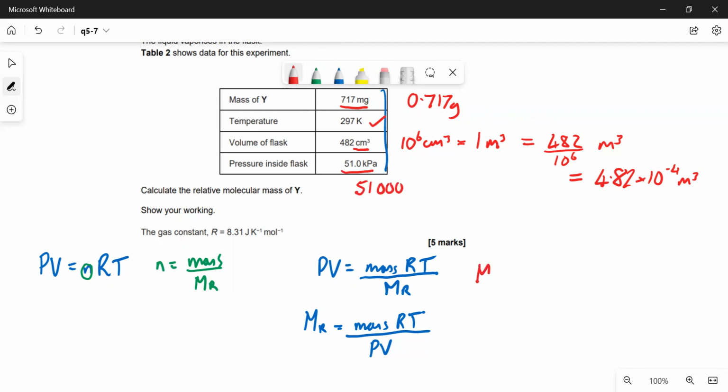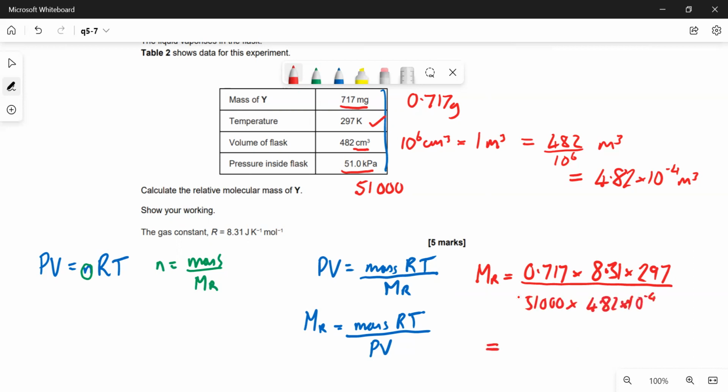So we get Mr is equal to the mass 0.717 multiplied by the ideal gas constant 8.31 multiplied by the temperature 297, divided by the pressure, 51,000, multiplied by the volume, 4.82 times 10 to the minus 4.